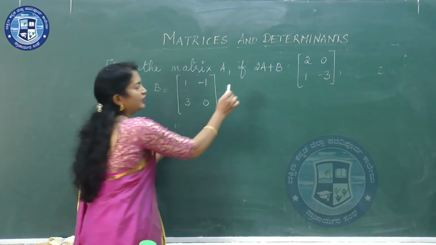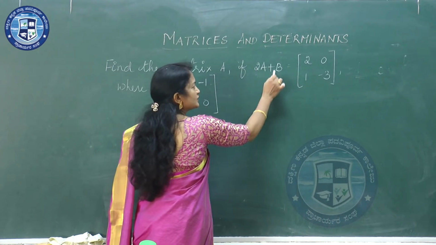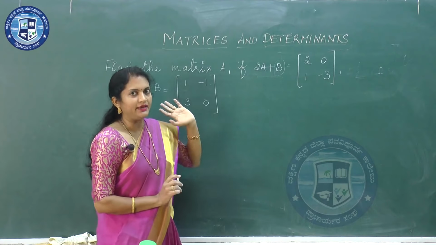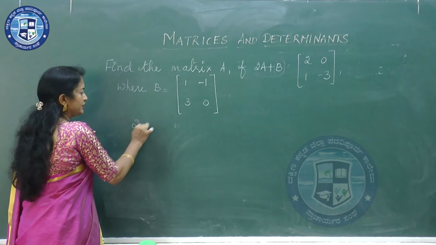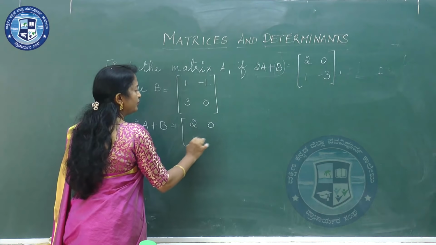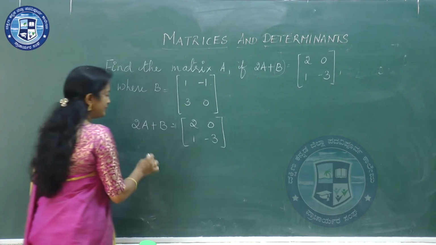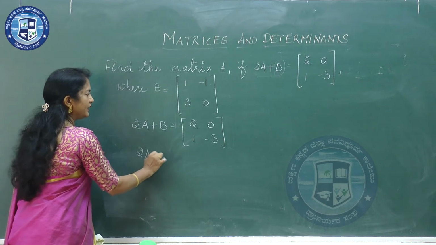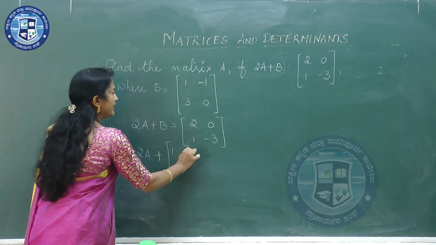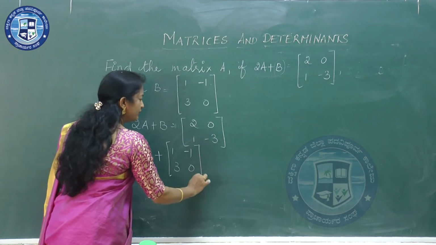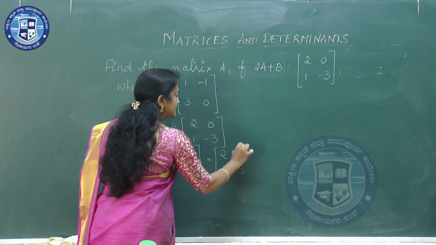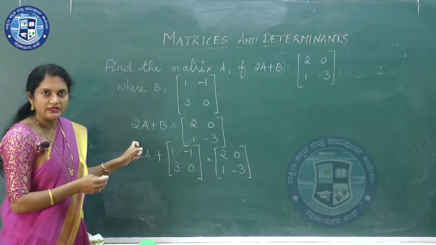Here they had given what is 2A plus B, and also they had given what is B. We have to find now what is the matrix A. So from this we can write 2A plus B is 1 minus 1, 3, 0 is equal to 2, 0, 1, minus 3. We have to find what is A.